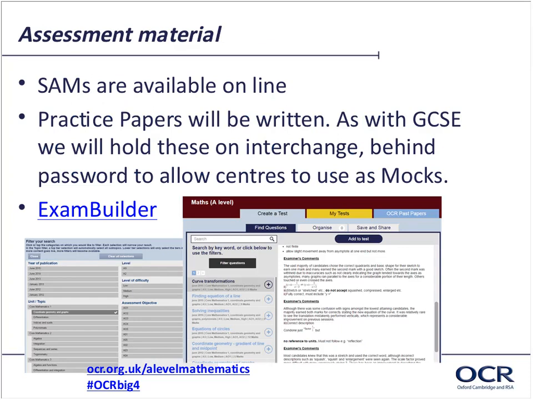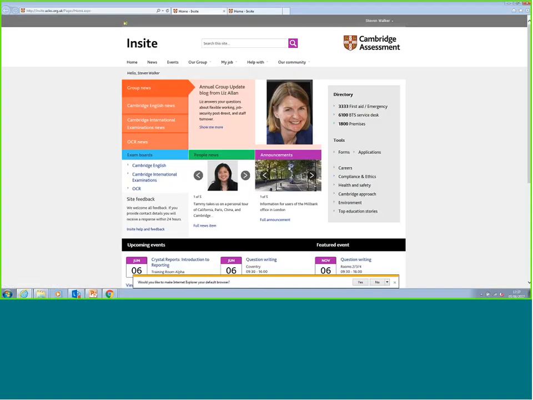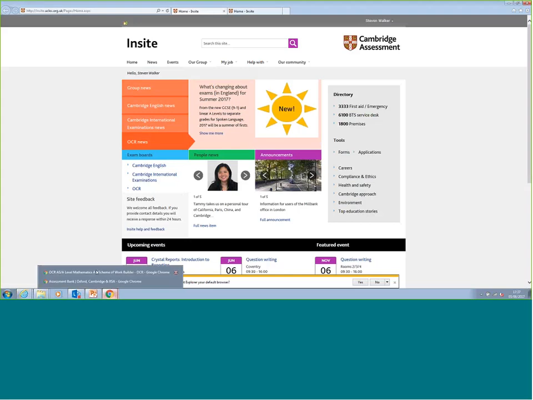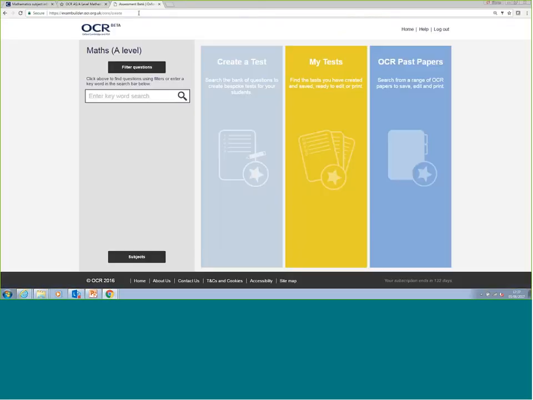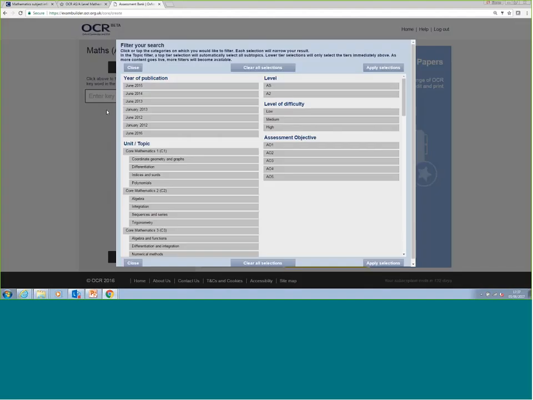At the moment, our Exam Builder, apologies. You can filter the questions. You can either choose a paper or a specific year, or you can focus on specific content. This is currently the Exam Builder for the legacy qualification.